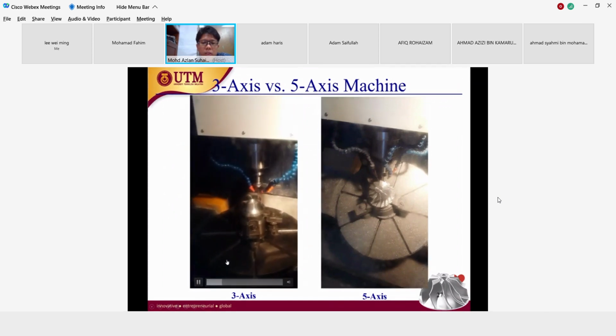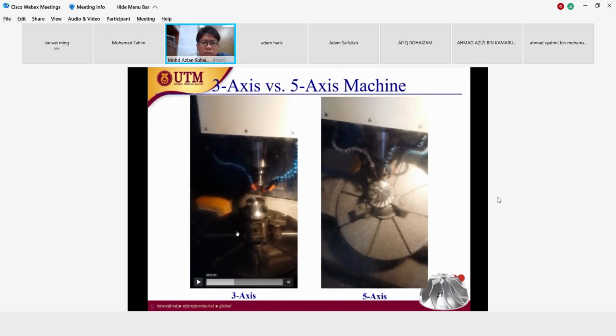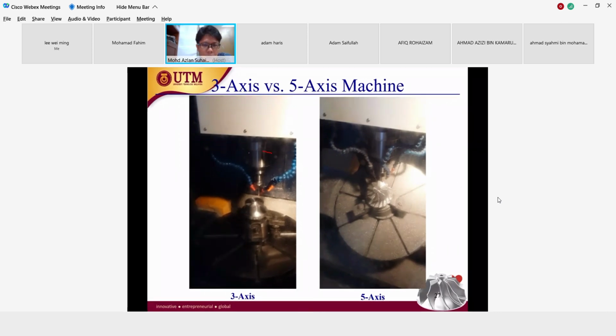We have 3 axes, where you can see this one we call the spindle. The spindle holds the cutting tool. It only moves in 3 axes, X, Y, Z, 3-axis movement.